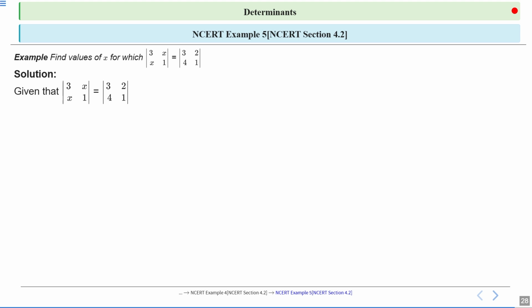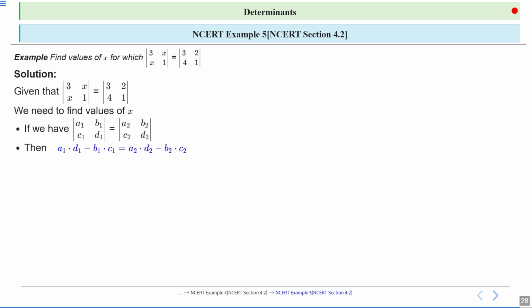So we just apply the formula for both to calculate the determinant. We know that the determinant of a1, b1, c1, d1 is a1 into d1 minus b1 into c1.